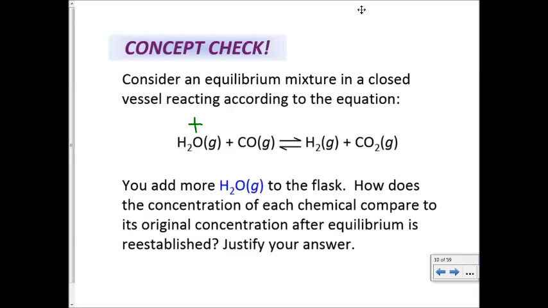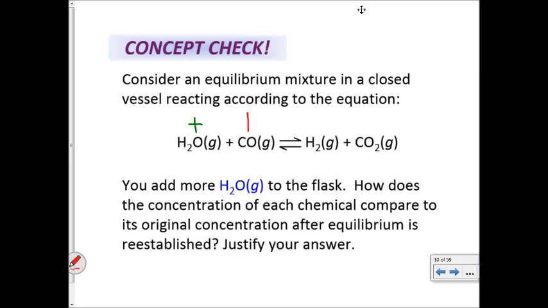When I do that, what happens to my other reactant in terms of concentration? What happens to that CO as I'm going back and pushing that speed of the forward reaction? Because the water is going to react with the what? The CO. So what should happen to that CO concentration? It should go down.